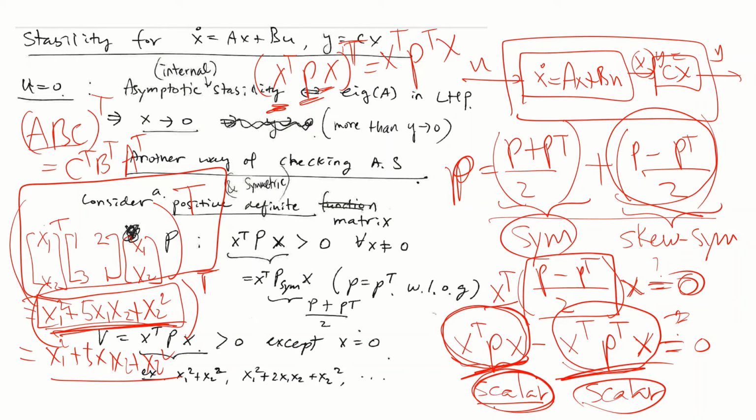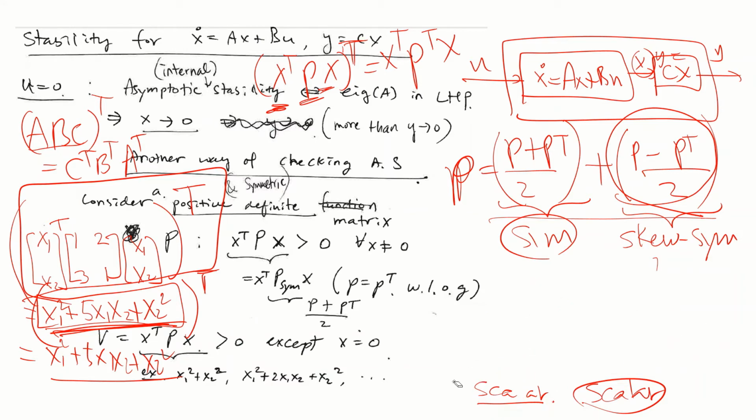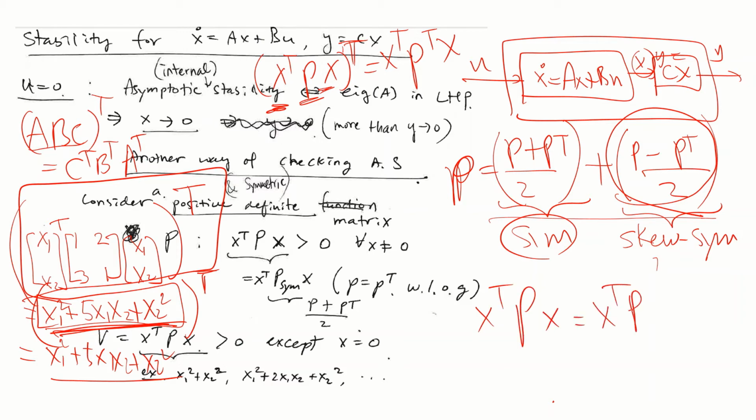So the point is that x transpose P x is x transpose times the symmetric part of P times x, plus x transpose times the skew symmetric part of P times x.